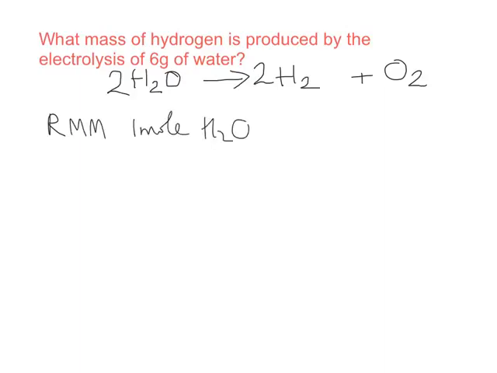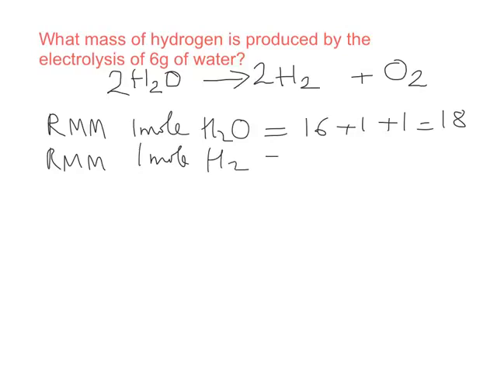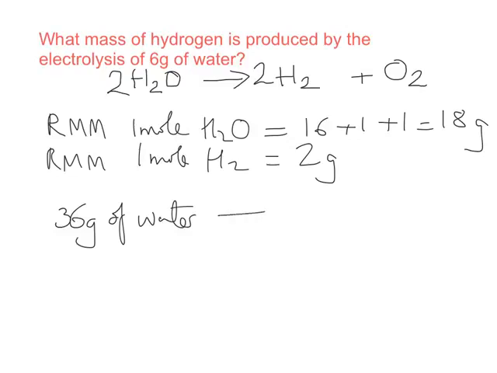We know that the mass of 1 mole of H2O is 16 plus 1 plus 1, which is 18. We know that the RMM of 1 mole of H2 is 2 grams. So what this equation is telling us is that 2 moles of water, which will be 36 grams of water, gives us 2 moles of hydrogen, 2 times 2 is 4 grams of hydrogen.